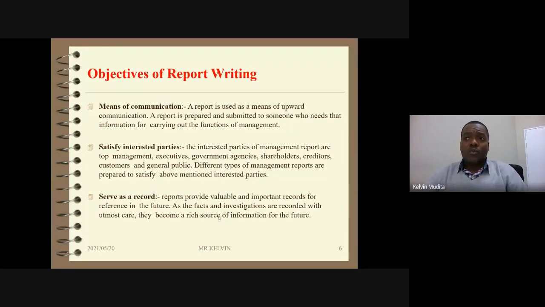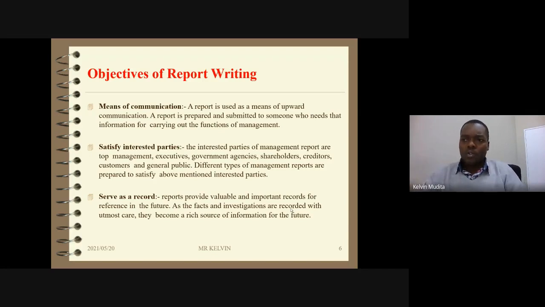And also, we write reports to satisfy the needs of some of the parties in the organization, like our managers, our shareholders. They need to know what is happening. So the informational needs of our stakeholders, we satisfy them through writing reports.